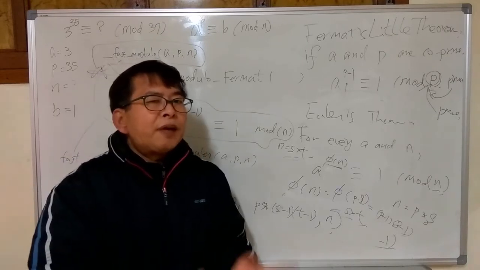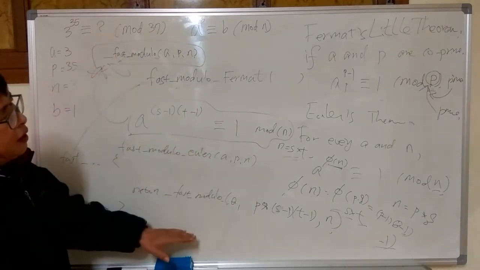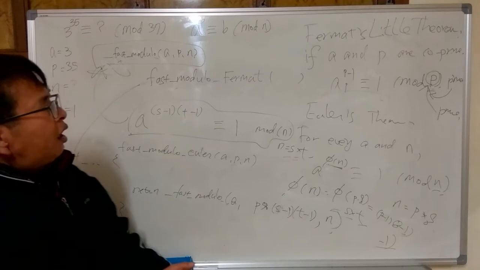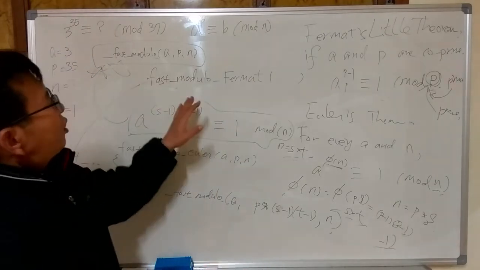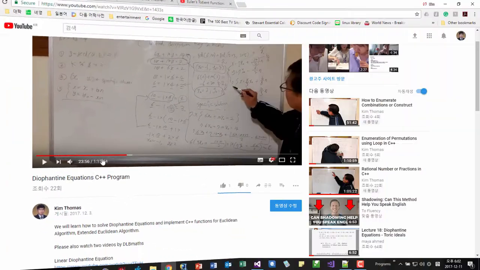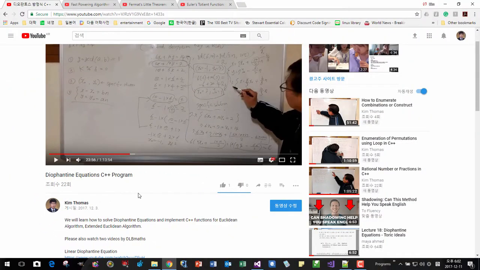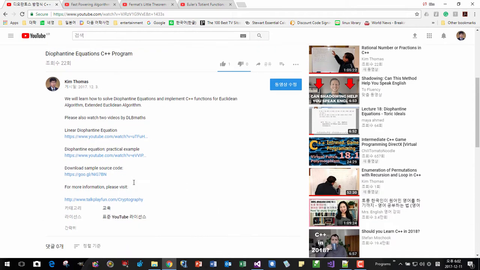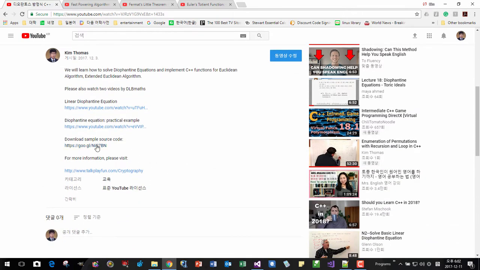Now I will move to my desktop and implement these into fast modular C++ code. I will build on the source code from my previous video, the Diophantine equation C++ program. If you want to follow along, please download this source code here.